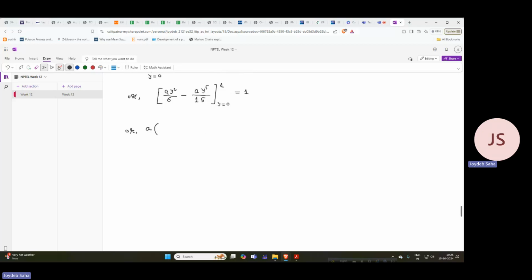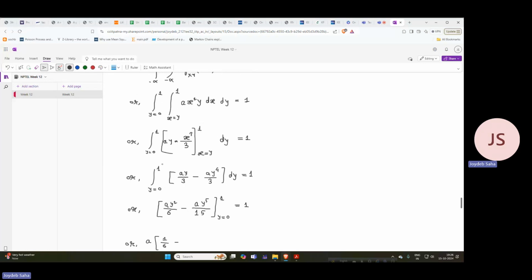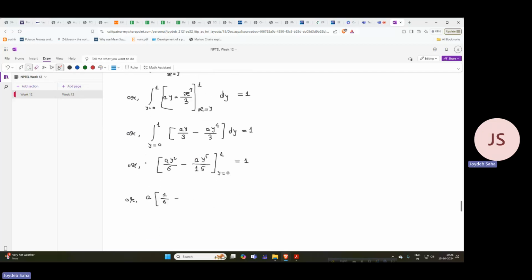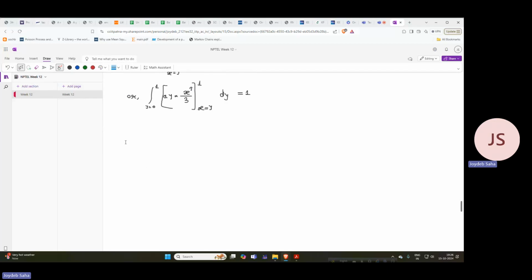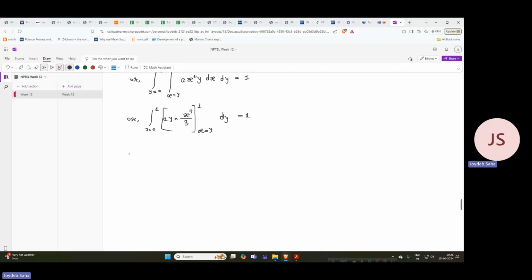A we can put outside, it will be 1 upon 6 minus, okay, wait, this is not plus, this is multiplication sign, right? So there is one mistake. Okay, let us do it from here.